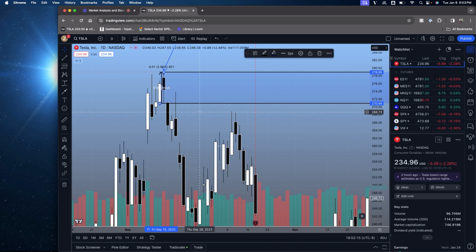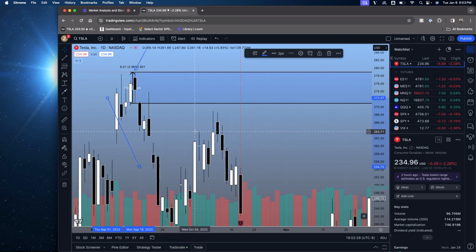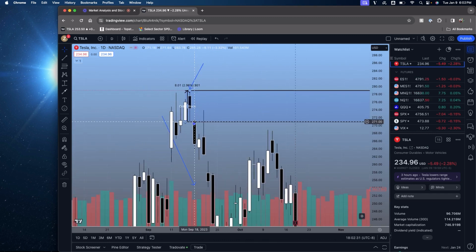So a couple of characteristics why I say it's an order block. One, it made an impulsive move downward, so it ended up going down. What we can see that will also give us confirmation that it is an order block: we ended up flushing from there. This is the impulsive move.